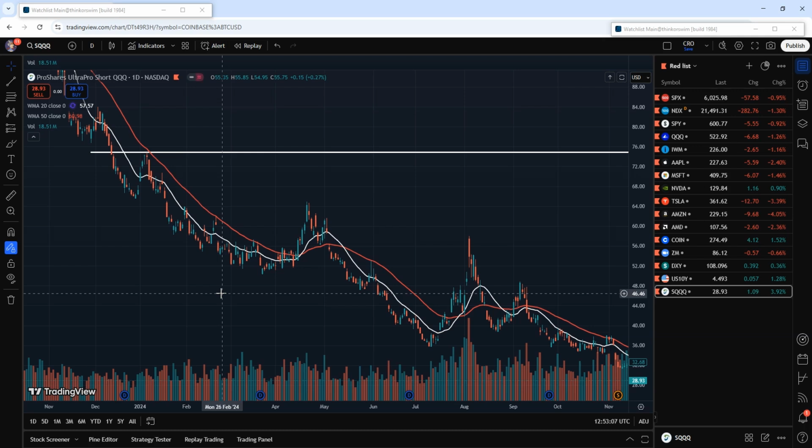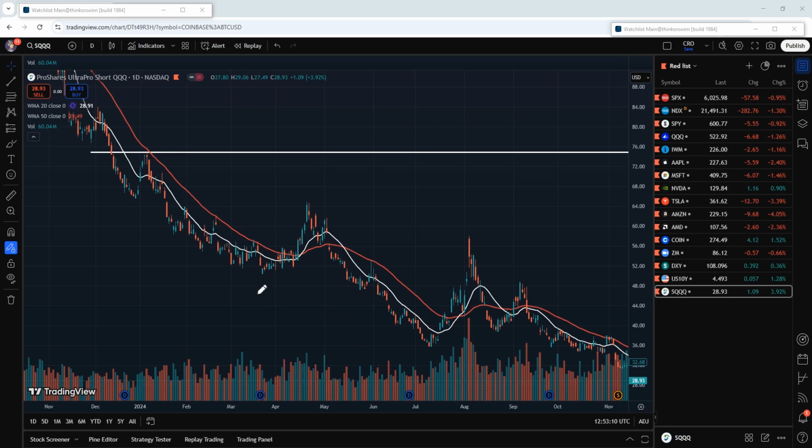Basically the easiest way to do this is to identify those levels that are very, very obvious, that hit you in the face, that are just sticking out to you. I have this line here that I'm just going to use to make other lines.